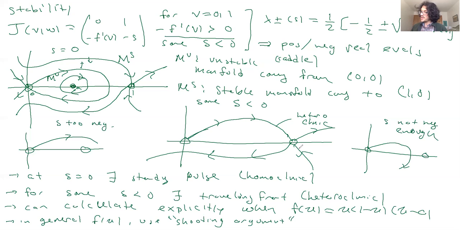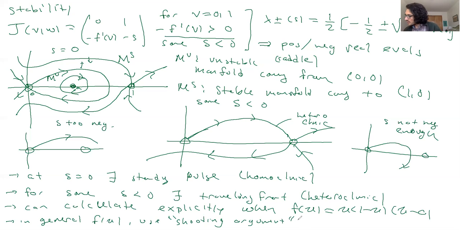So right in between, we're going to have a Goldilocks value of S where you can shoot this manifold from here and it hits your target. And that's used commonly in ODEs and PDEs as a shooting approach. It can be automated numerically, although you can construct proofs using a shooting argument as well.